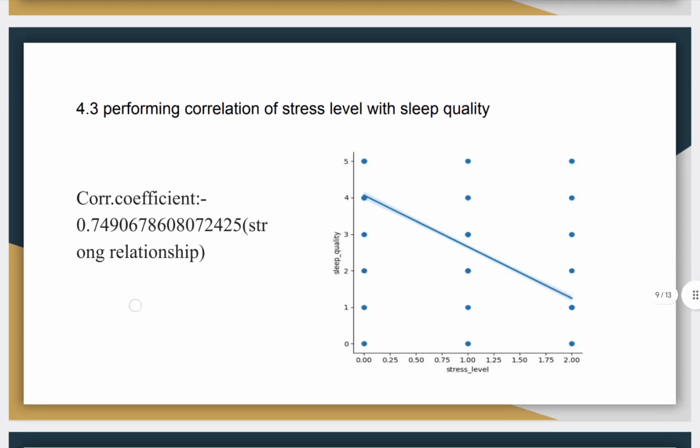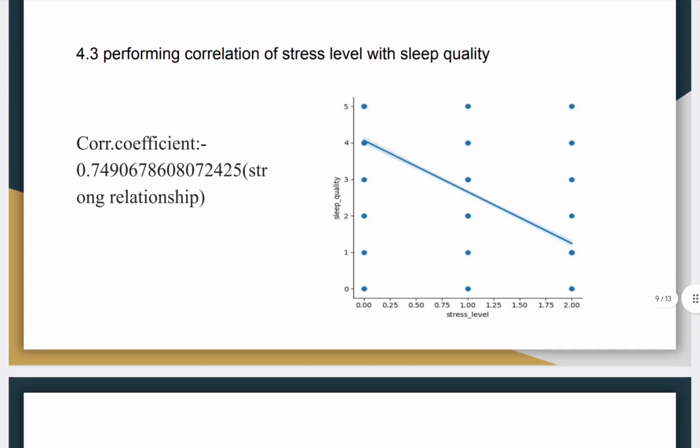Another one is the correlation of stress level with sleep quality. We wanted to know if sleep quality affects the stress level, or if stress level affects sleep quality. The answer is yes, it affects according to our analysis. The correlation coefficient is 0.74.